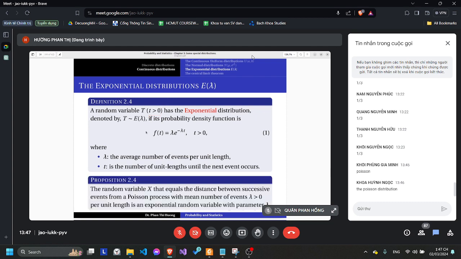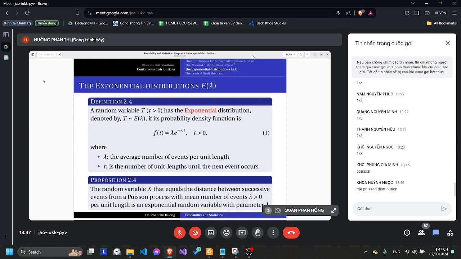Okay, so how are the Poisson and the exponential related to each other? Remember that the Poisson distribution is a discrete distribution because it counts the number of events per unit, whereas the exponential is a continuous distribution. One distribution is continuous and the other one is discrete, but they are related to each other.